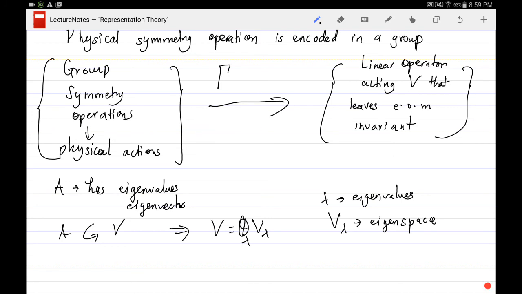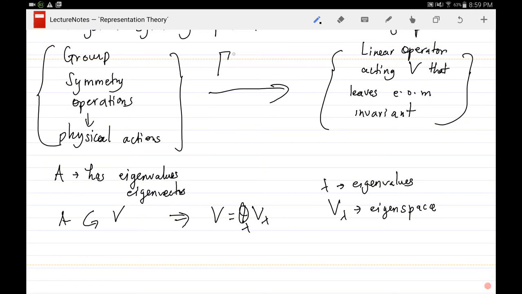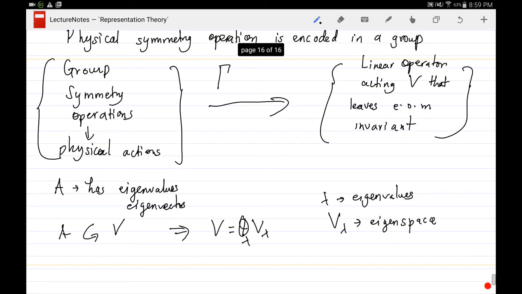Supposing I were to diagonalize this linear operator and get, roughly speaking, its eigenvalues and eigenvectors, then I could, in a way, decompose my equations of motion into parts that do not talk to each other. They transform under different kinds of symmetries.